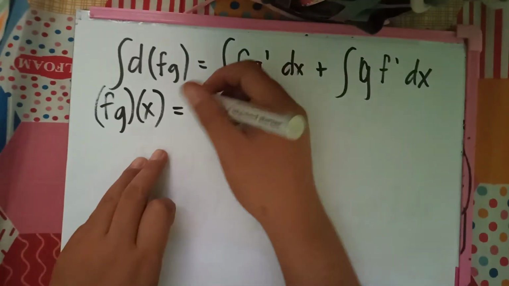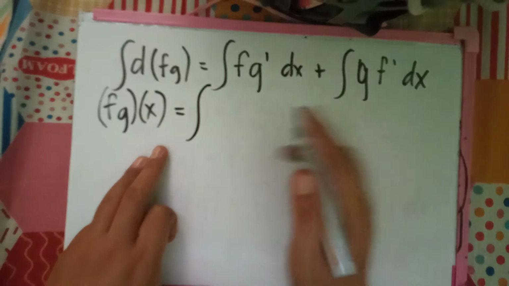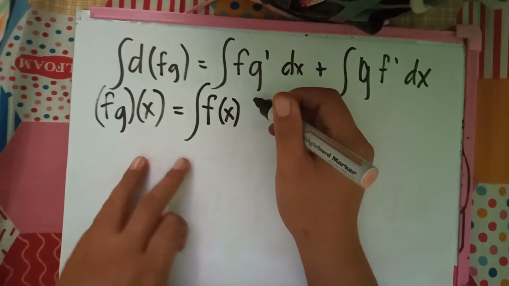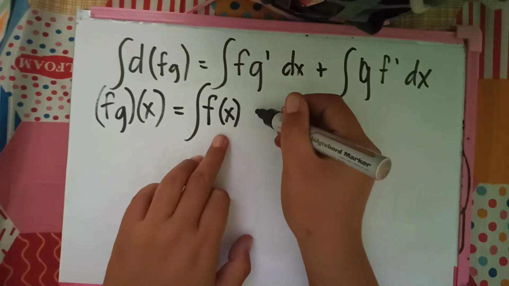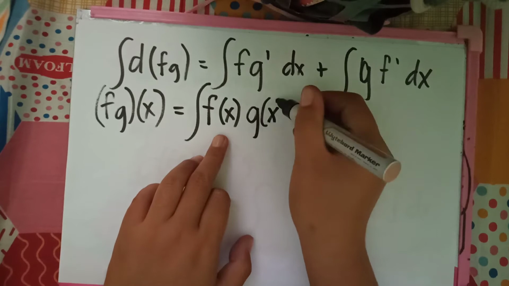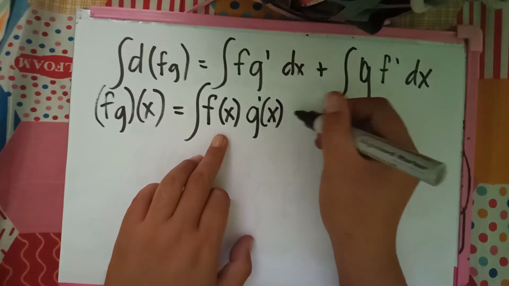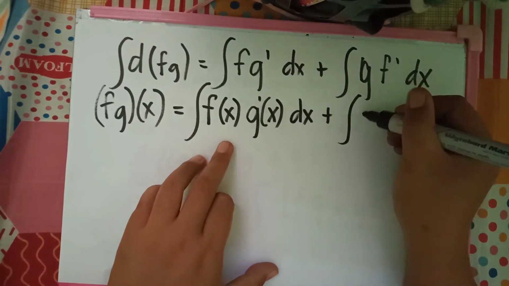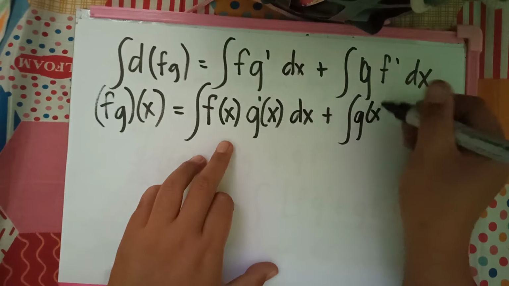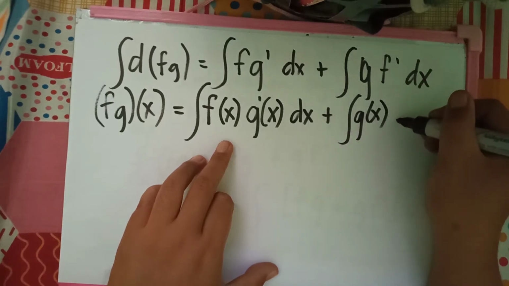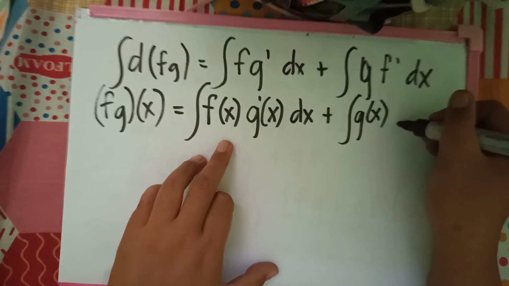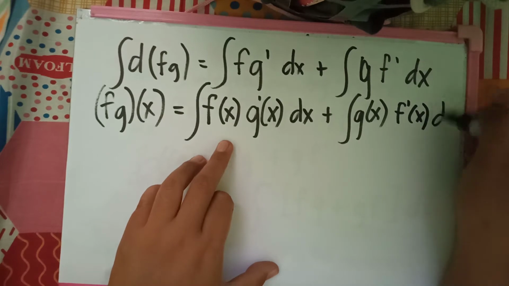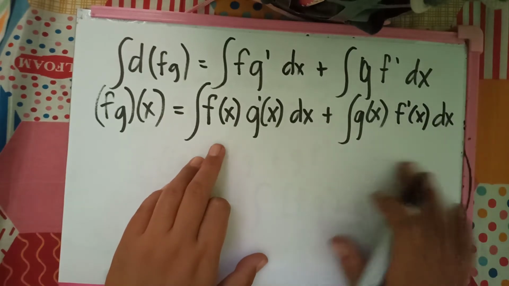So, f g of x will be equal to f of x multiplied by the derivative of g of x dx plus the integral of g of x multiplied by the derivative of f of x dx. Tama?